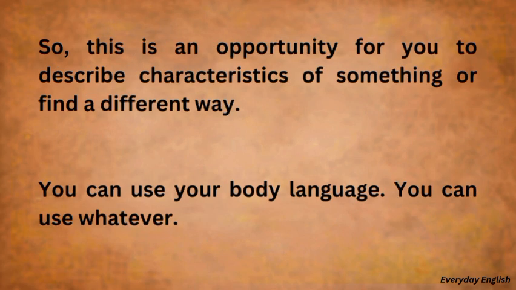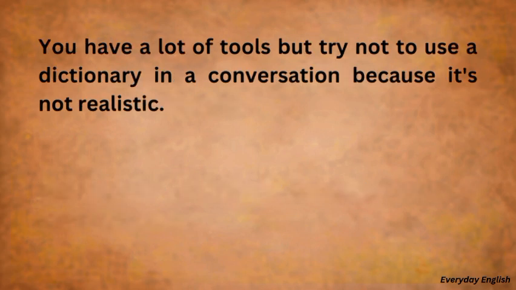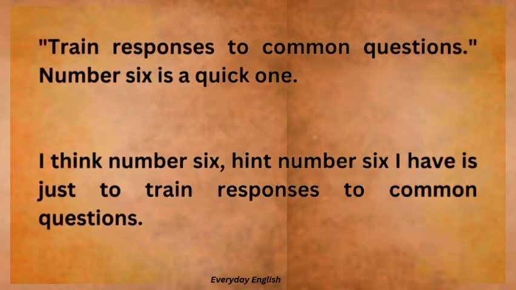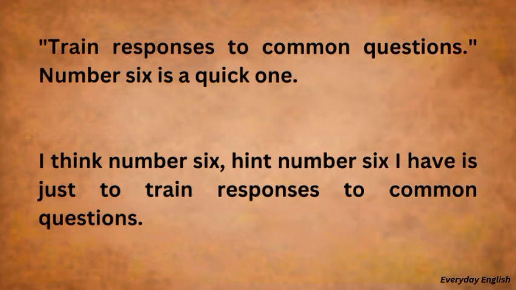This is an opportunity for you to describe characteristics of something, or find a different way. You can use your body language. You have a lot of tools, but try not to use a dictionary in a conversation because it's not realistic. Train responses to common questions.